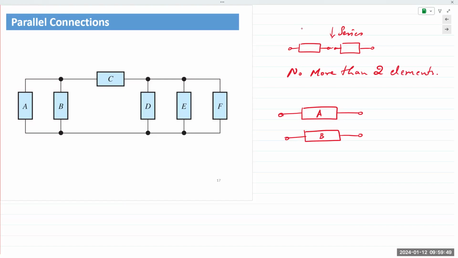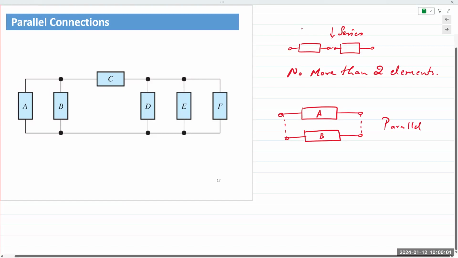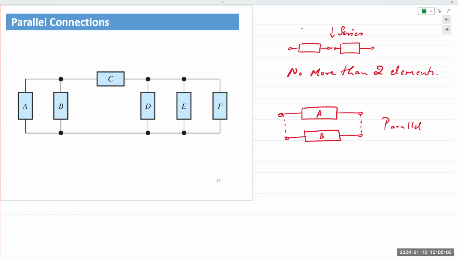You connect those 2 together, and they are said to be in parallel. If there is something else in between those connections, then it is no longer in parallel. Series connections are if you hold one hand each, and parallel connections are if you hold both hands. That's how I like to explain that.